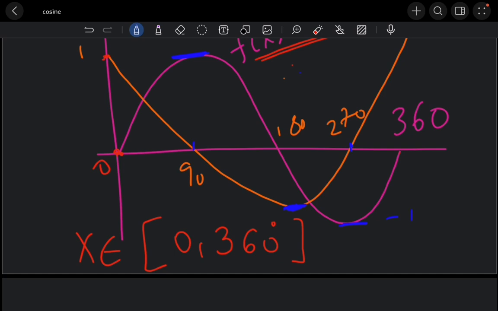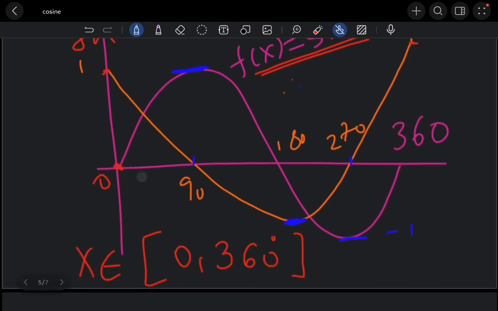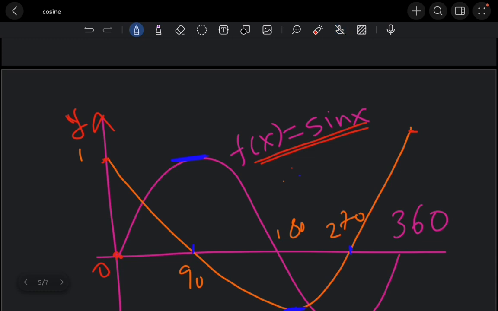Okay, and then you will notice that, looking at the cosine function alone, from 0 to, I'll call this point A. So from 0 to A, it's positive.